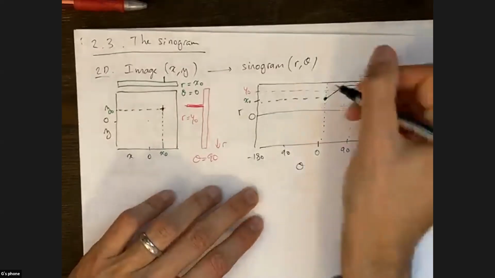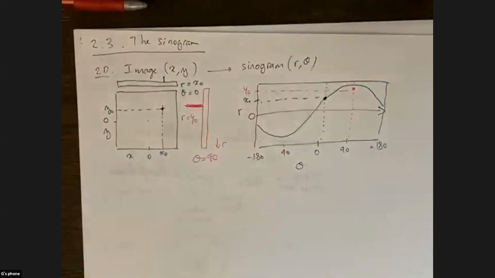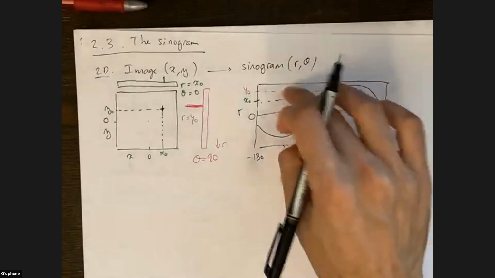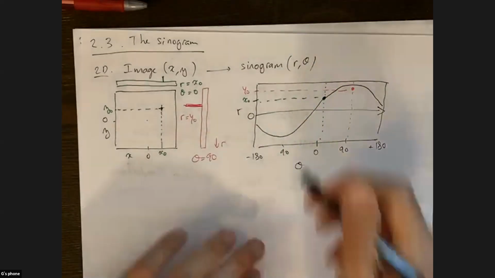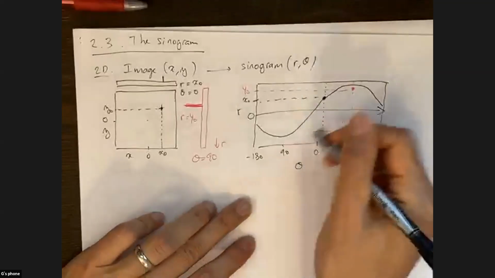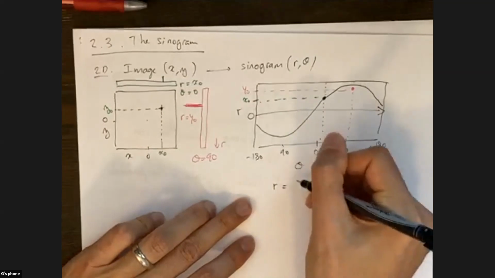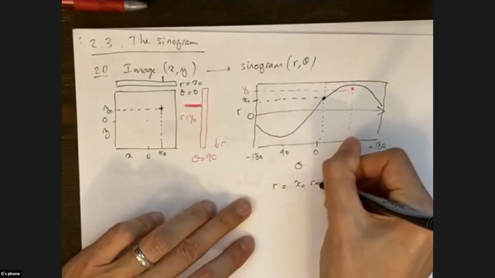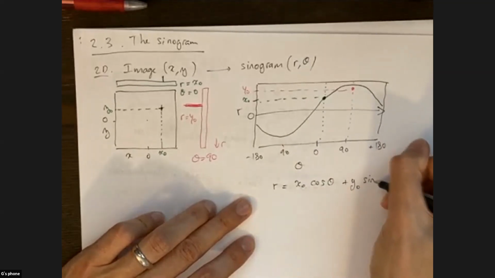So I'm trying to fit it through those points, but it's going to look like some kind of sine wave. So the sinogram is going to be zero everywhere except on that black line I just drew. And the equation for the line I drew is R equal x0 cos theta plus y0 sine theta, okay?